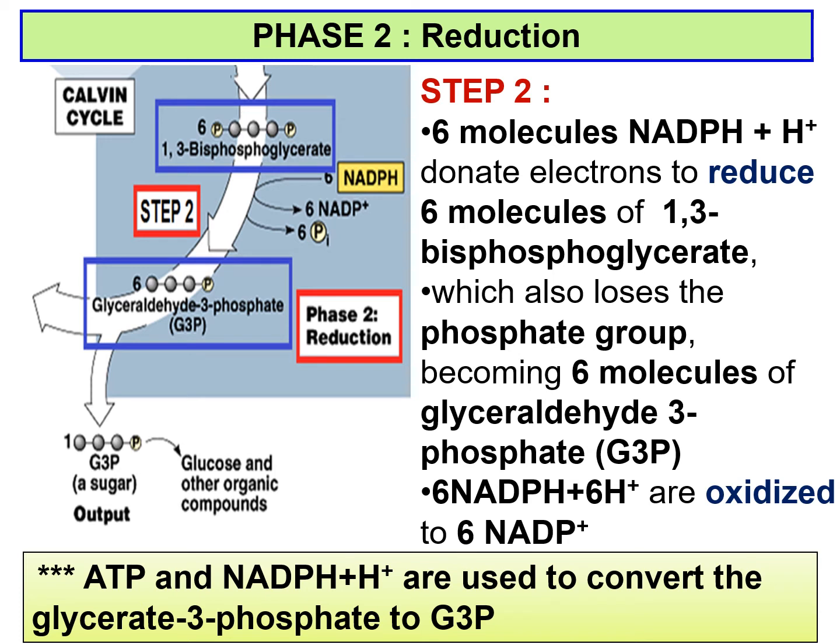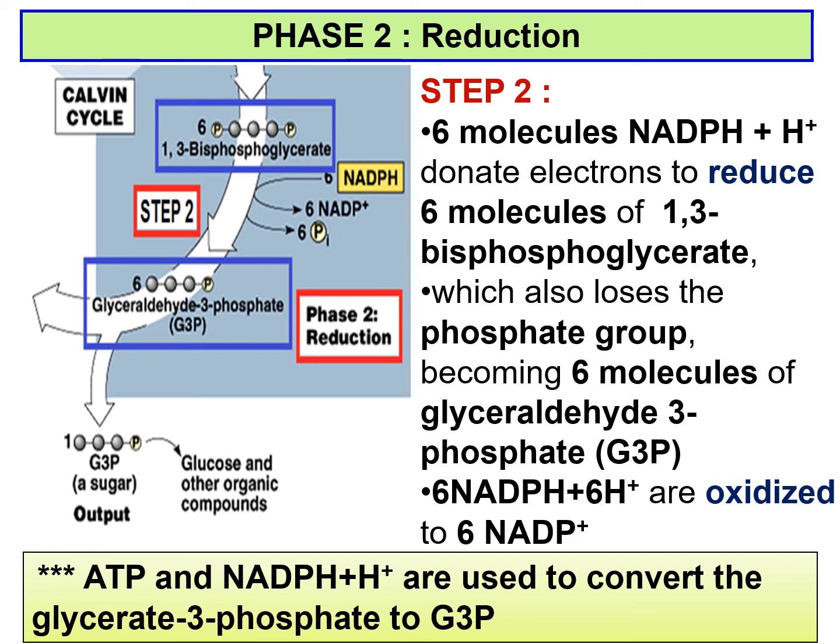So since we have 6 3-phosphoglycerate phosphorylated by ATP becoming 1,3-biphosphoglycerate, and we have 6 1,3-biphosphoglycerate. 1,3-biphosphoglycerate is reduced by 6 NADPH and converted into 6 molecules of glyceraldehyde 3-phosphate.